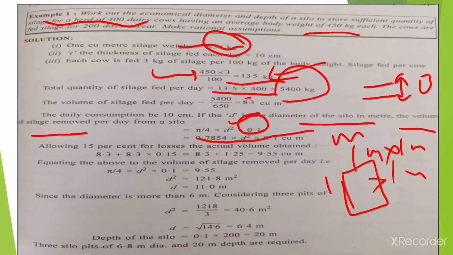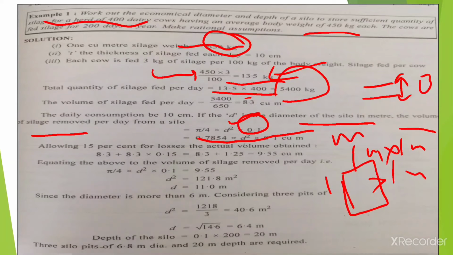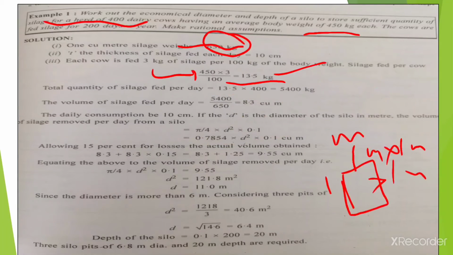Then after that, allowing 15% for losses, the actual volume obtained. Here we considered 15% of loss. Here we already calculated the volume of the silage fed per day, that is 8.3 cubic meter, and after adding the total percent of the losses of the silage, we get this answer, that is 9.55 cubic meter.